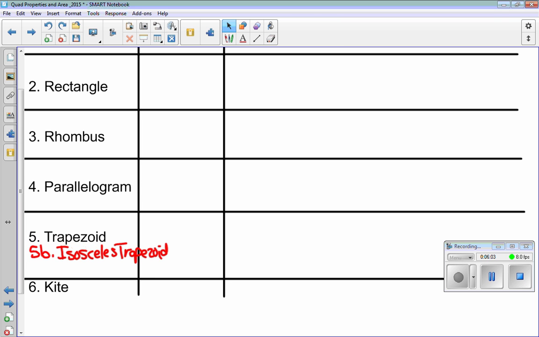Okay? So add that isosceles trapezoid as the extra. Can you divide your picture here, so you have one trapezoid and an isosceles trapezoid, so you can draw both, because there is a difference between the two. Most of you probably drew an isosceles trapezoid anyway, if I had to guess, but we'll see.